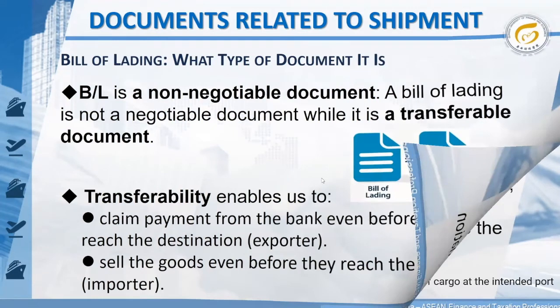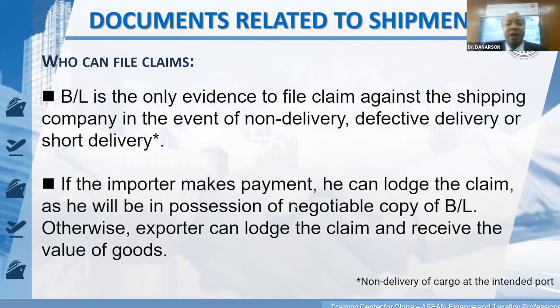Okay. So bill of lading is the only evidence to file a claim against the shipping company in the event of non-delivery, defective delivery, or short delivery. Okay, non-delivery, you don't get the goods, you use the bill of lading to sue the company.